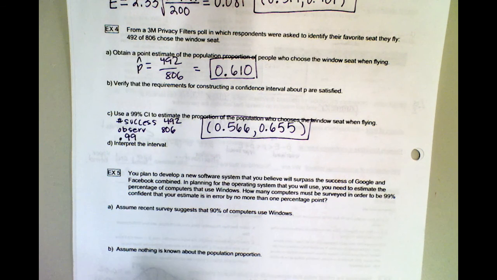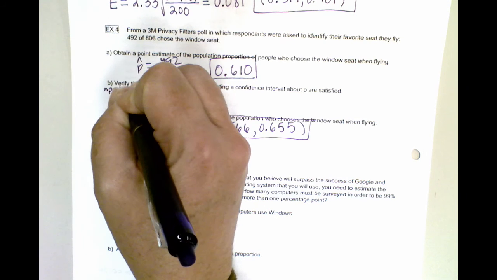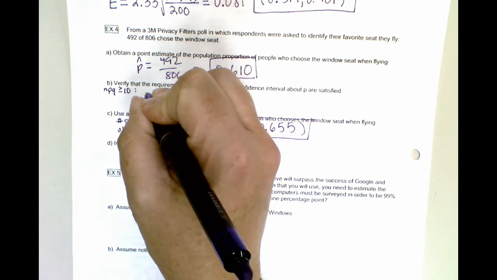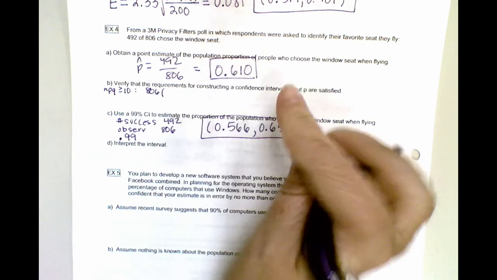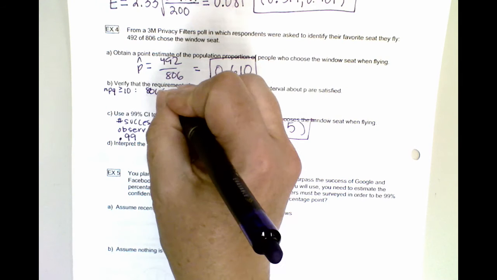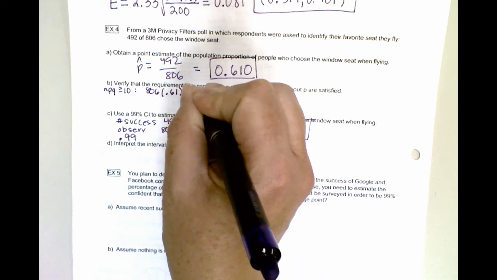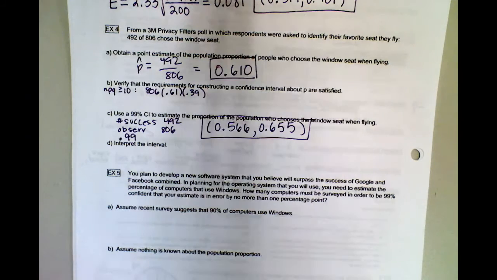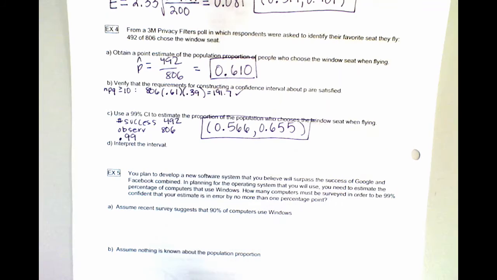It doesn't matter what order you do them in, but I need to know that npq is greater than or equal to 10. So n was 806 times p is 0.61, which means q is 0.39. Obviously, that's going to be much bigger than 10. It's like 191.7.